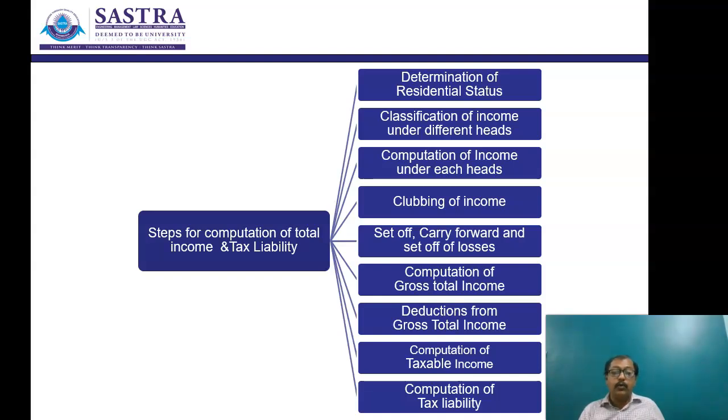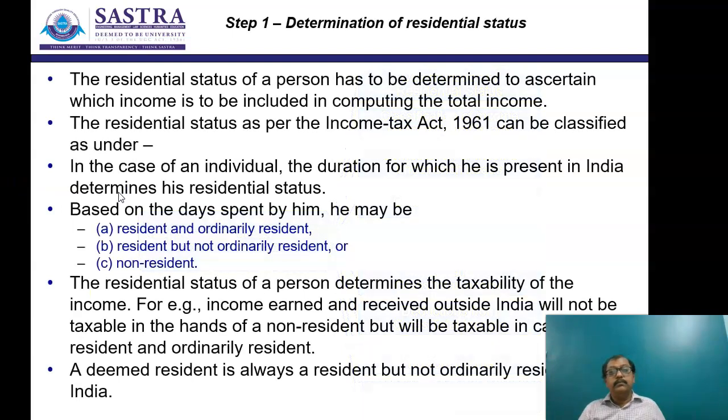From your computation of taxable income, your net liability of taxes is going to be determined. Now, these steps are going to be discussed in detail. First one, determination of the residential status.